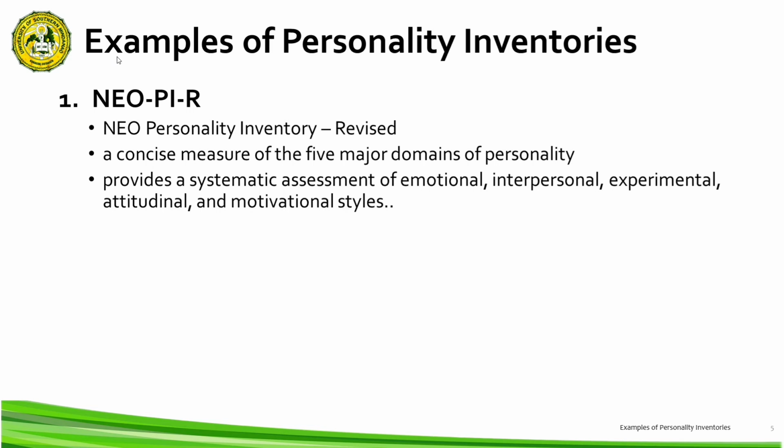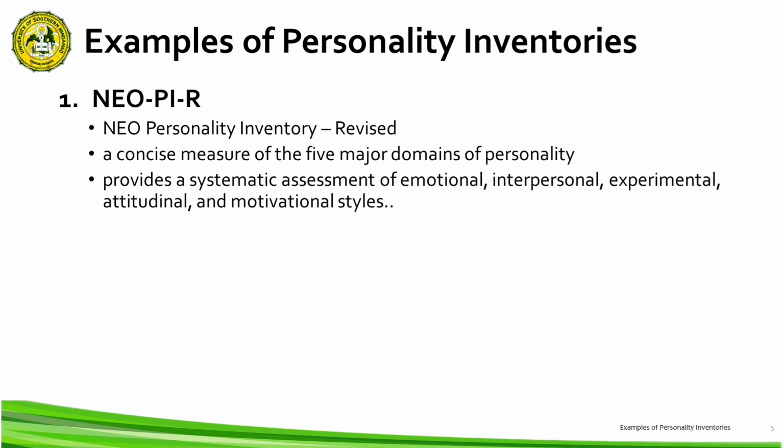So, moving on to the examples of personality inventories, we have here first the NEO-PIR, which stands for Neo-Personality Inventory Revised. It is a concise measure of the 5-factor model, or the 5 major domains of personality. And these domains are neuroticism, extroversion or extraversion, openness, agreeableness, and conscientiousness.